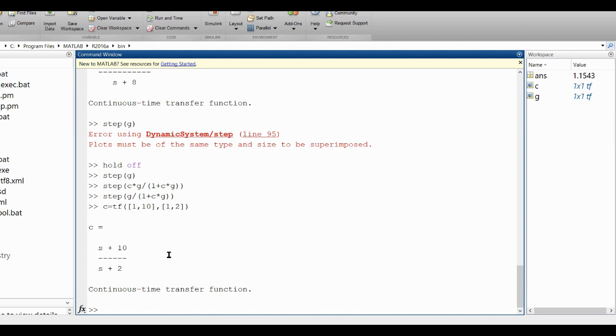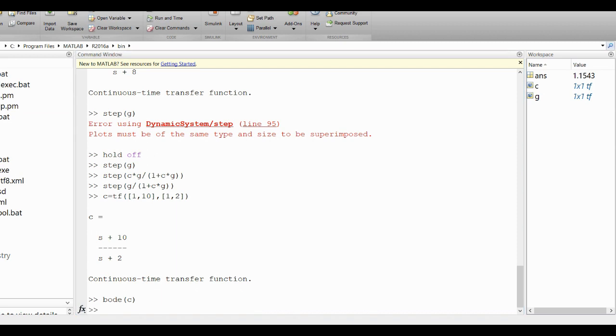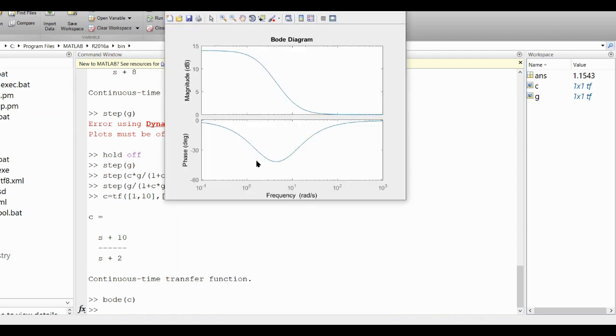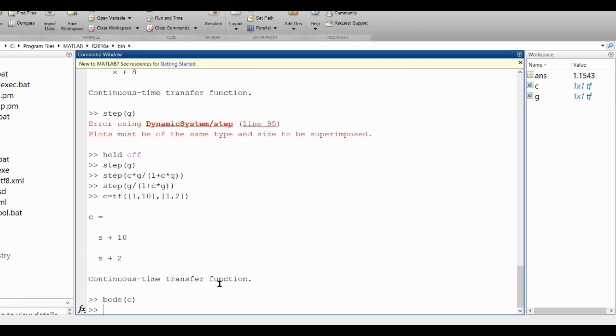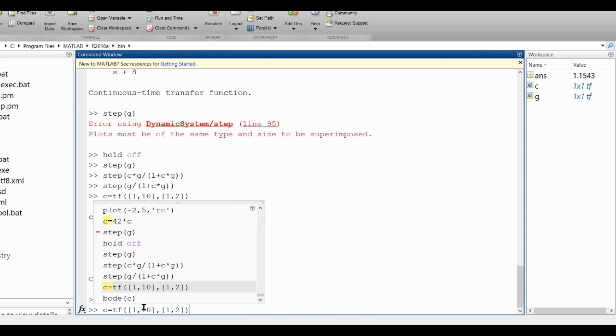We can make the Bode plot of c, and we will see a phase lag. So you see there is a phase lag instead of a phase lead. You're not surprised. That's how it is. So now we can use the argument principle to design. Let me go back to the old one.